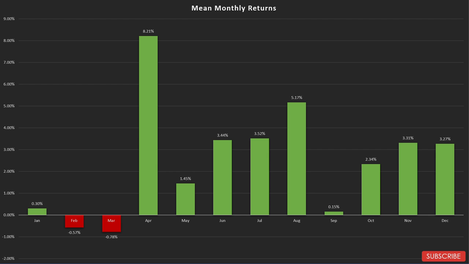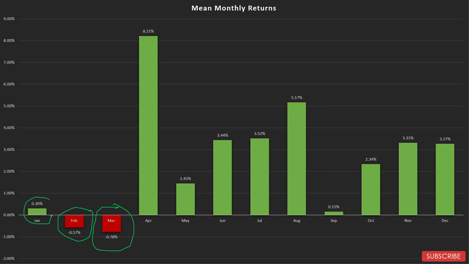Let's move on to the next graph, which is the mean monthly returns. In this graph, I have taken the mean or the average across every month over the last 10 years. A couple of points are quite clear from this graph. February and March have given on average negative returns in the last 10 years.